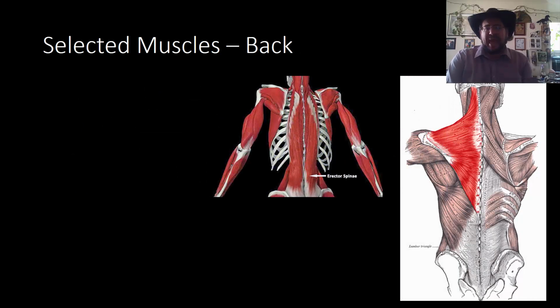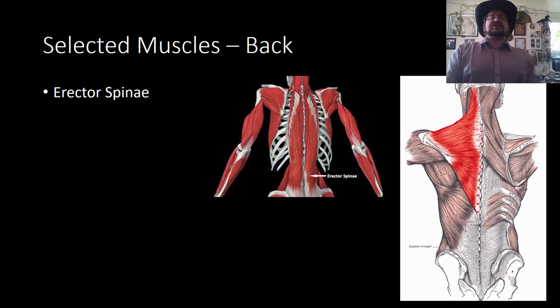Next up, the back. Erector spinae. So the erector spinae holds your spine straight or erect. Erects your spine. So, this is extension of the spine.